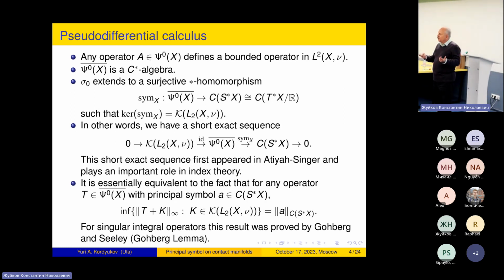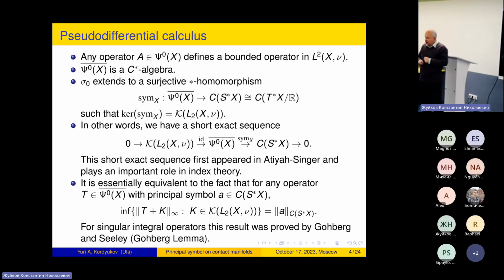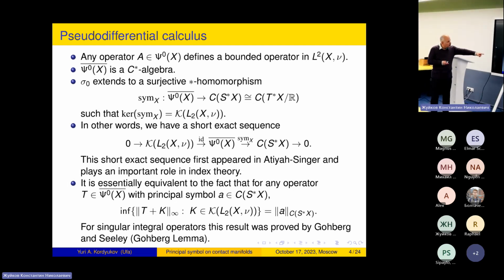And actually, this is a way to define the index. And on the other hand, it is essentially equivalent to this fact. So if we take any operator from this closure of pseudo-differential operators, and if we try to approximate these operators by compact operators, the best approximation is given just by the norm of the symbol.